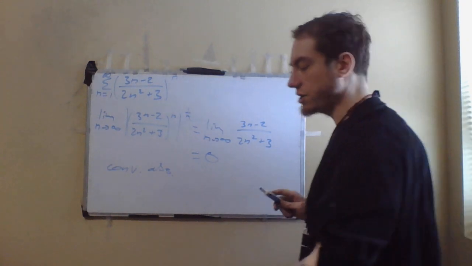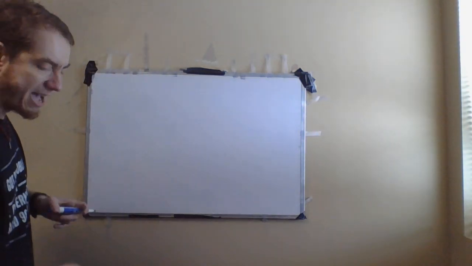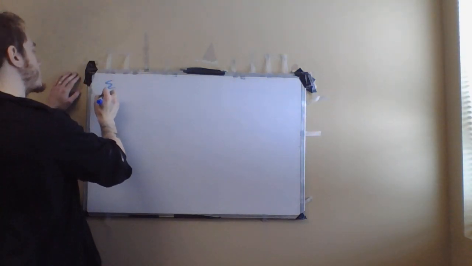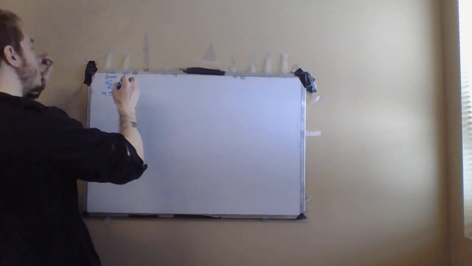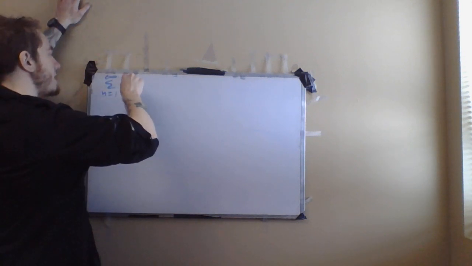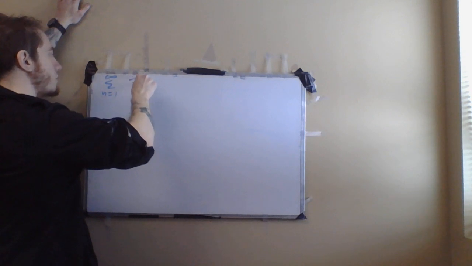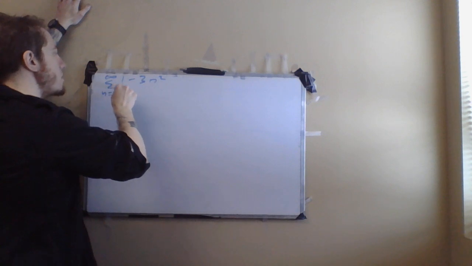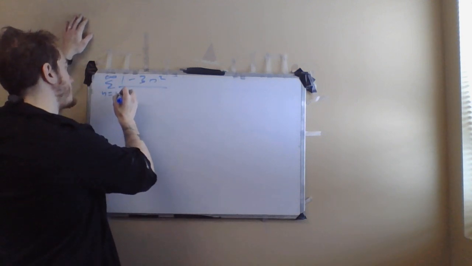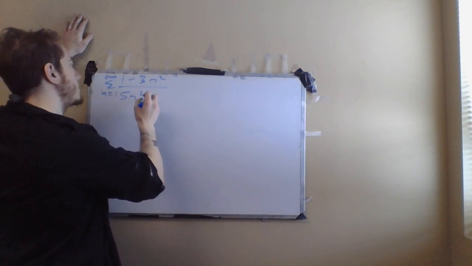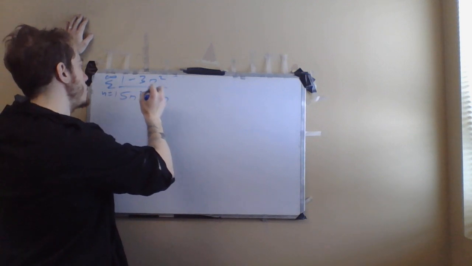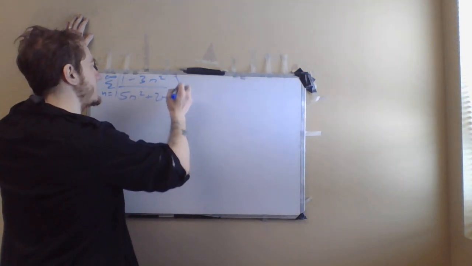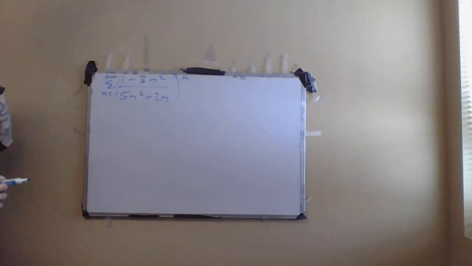Now, here's one that you can do with the root test. That's a tiny bit trickier. Still not too bad, though. Let's suppose that I want to do the sum from n equals 1 to infinity of (1 minus 3n squared) divided by (5n squared plus 2n), and all of this is being raised to the nth power.